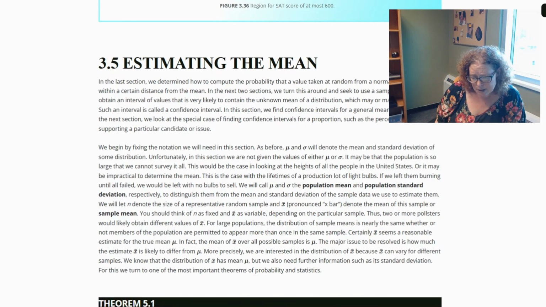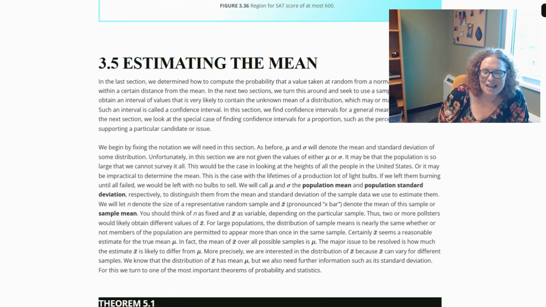So in this section, we are looking at sample sizes and sample means and sample standard deviations, as opposed to the population mean and the population standard deviation, which is typical when we had the mu symbol and then the sigma symbol.